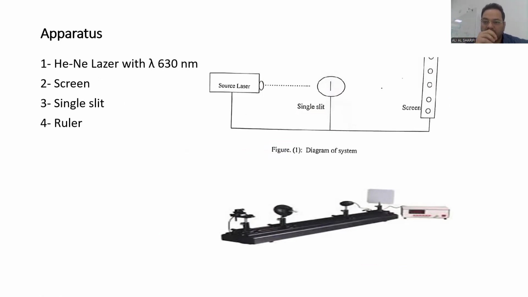We will use it to measure the width of this single slit, or to measure the diameter of this teeny wire.